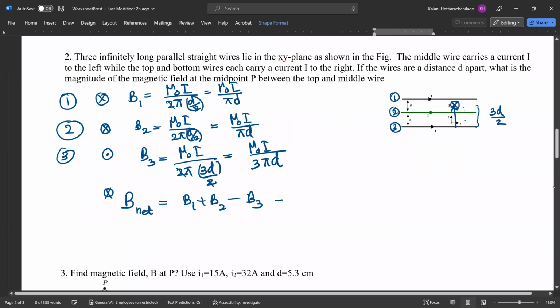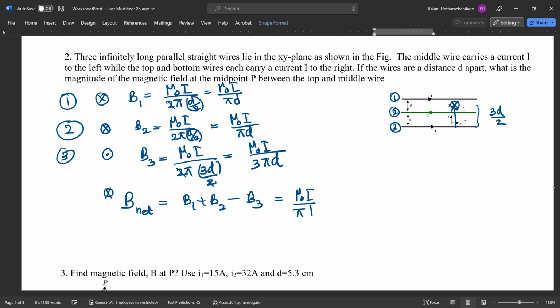So now let's simplify first. I don't think there is numbers given, only thing we can give it the variables. So now we're going to add it, mu naught I over pi and D is common for all 3. First one I have just 1 plus 1 and next one 1 over 3rd, right?